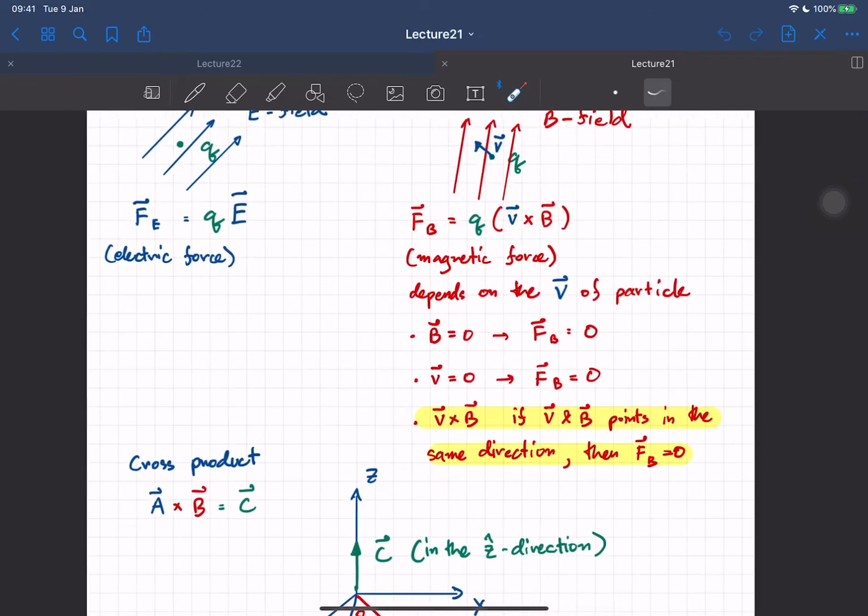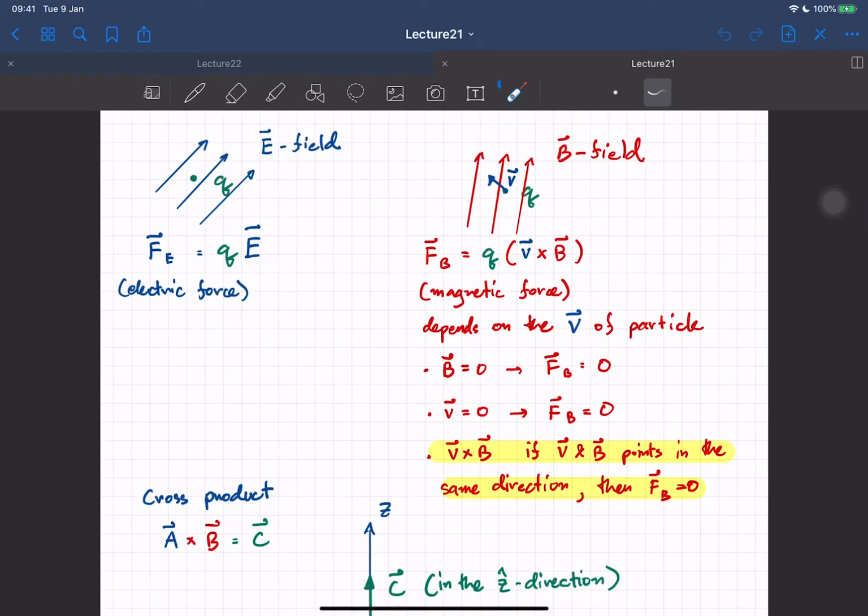And for a point charge, reacting to an electric field and a magnetic field are quite different. The electric field creates electric force like this.